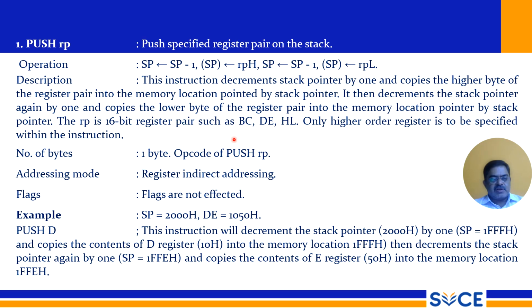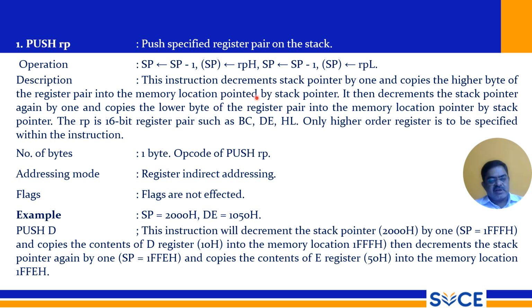Push RP: push the specified register pair onto the stack. So SP equal to SP minus 1, memory at SP gets RPH, SP equal to SP minus 1, and finally memory at SP gets RPL.